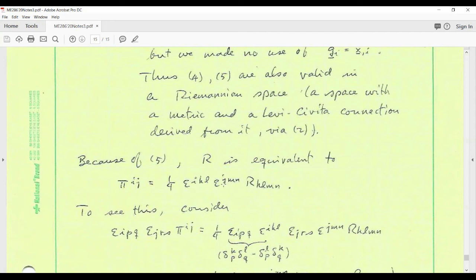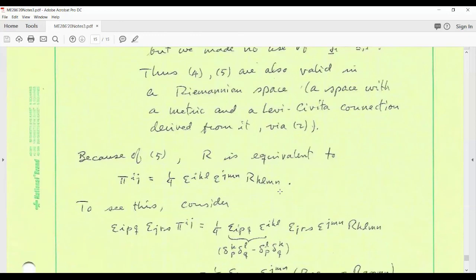This is skew in K and L, skew in M and N. The sum on K and L retains the skew symmetrized part in K and L. You lose no information on that sum. Likewise, by summing in M and N, you don't lose any information there either.